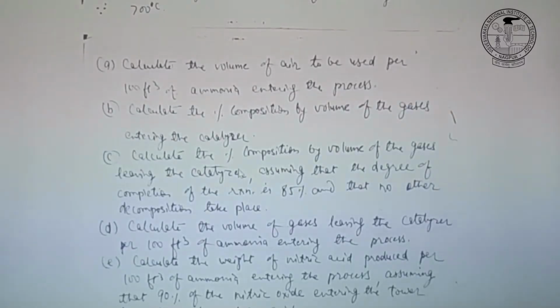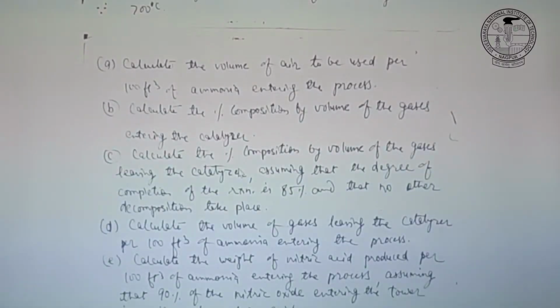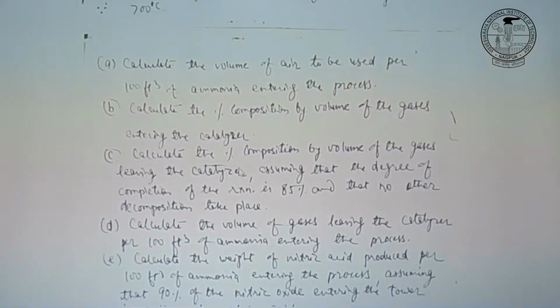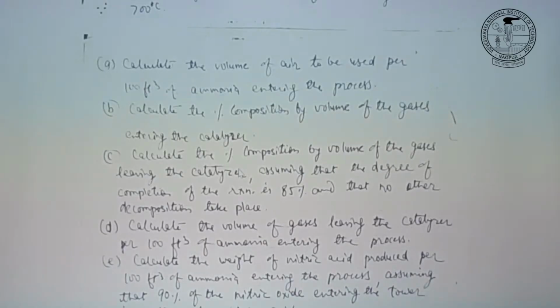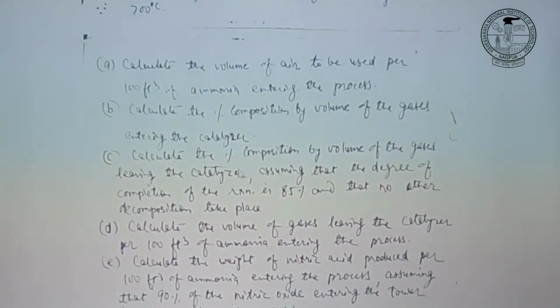And part C, calculate the percentage composition by volume of the gases leaving the catalyzer, assuming that the degree of completion of the reaction is 85% and that no other decomposition takes place, right? This is another statement given here.